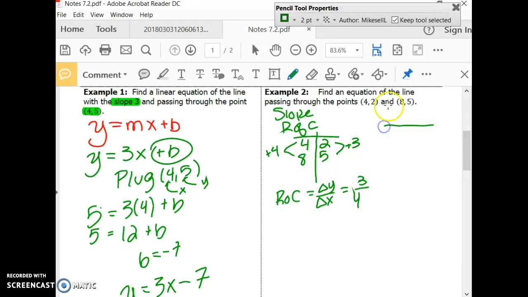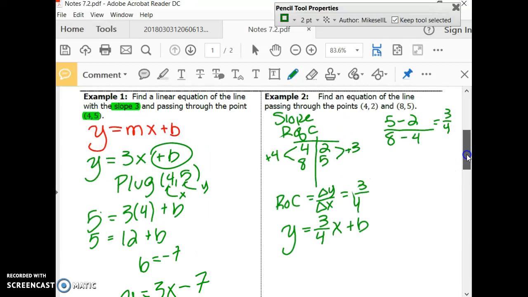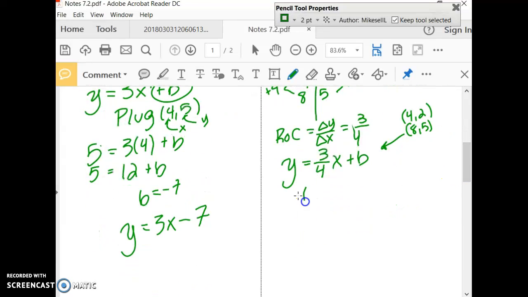Another way you could have done it is 5 minus 2 and then 8 minus 4. You'll still get 3 over 4 as your slope. So in my equation, I know 3 over 4 x plus b, that's my original form. I want to find my b value, so I need to use one of these 2 points, 4, 2 or 8, 5. I'm going to plug in 4, 2.